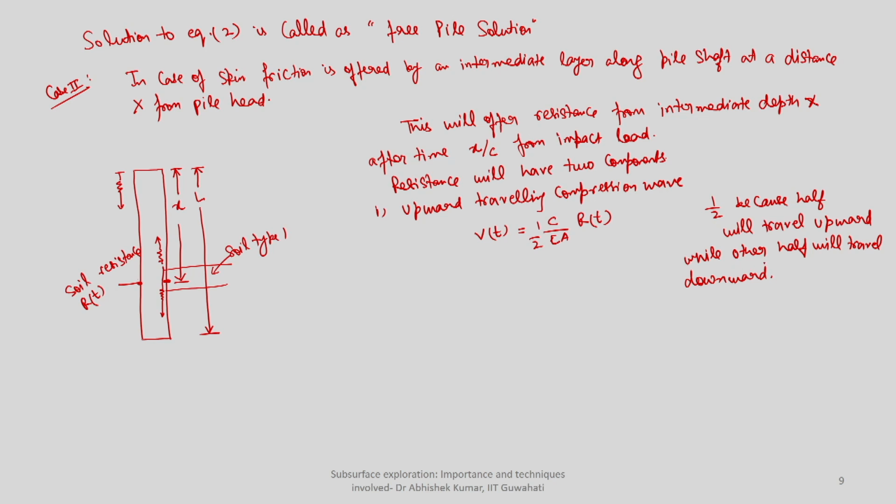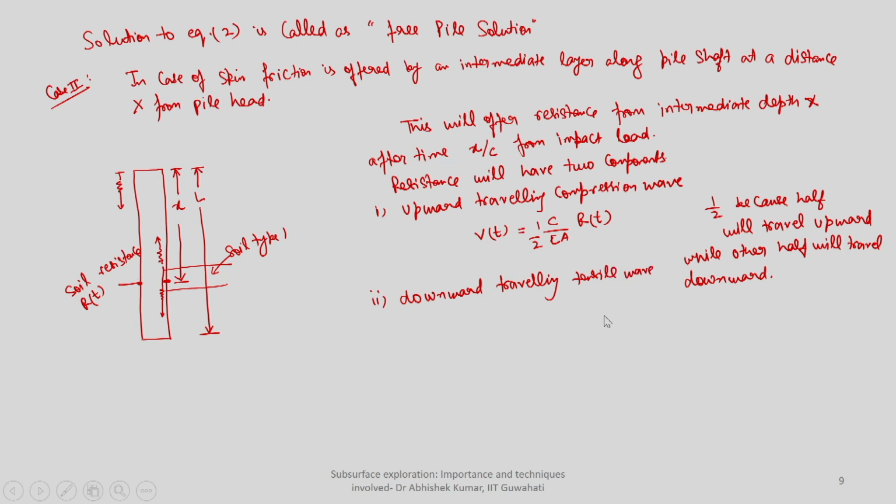So, one is the upward, this is the first component, and the second component will be the downward component travelling as a tensile wave.